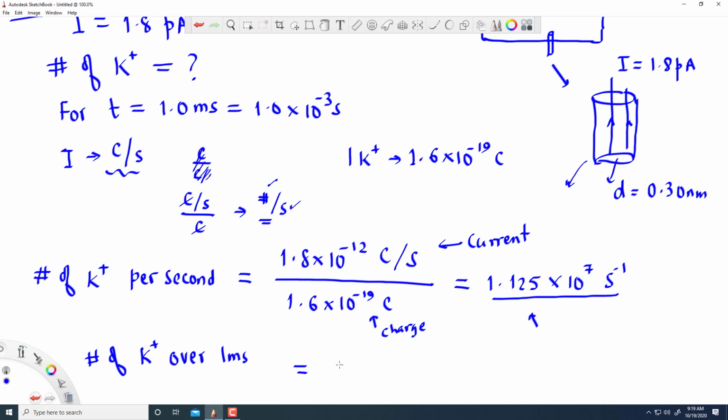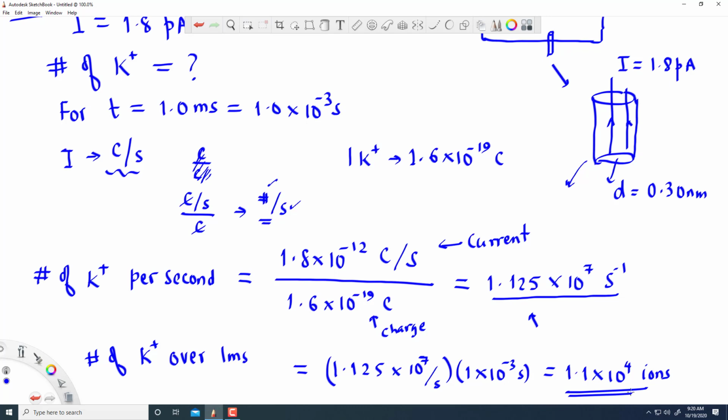That means you multiply this by the time, 10 to 7 per second times time. Time is how long we want, 1 times 10 to negative 3 second. So, that gives us 1.1 times 10 to 4 ions. Okay. So, that is the number of ions that flows through the channel over 1 millisecond time.